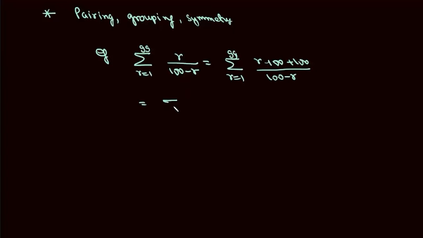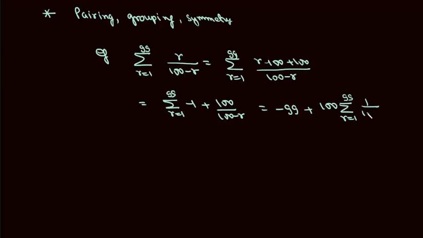So it will be summation r varies from 1 to 99 of minus 1 plus 100 upon (100 minus r). Now this summation of minus 1 is minus 99, and plus 100 into summation r varies from 1 to 99 of 1 upon (100 minus r).